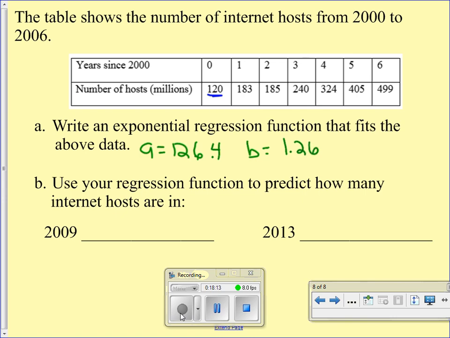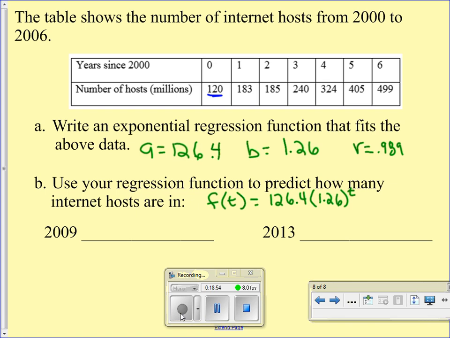So I know this is a growth because it's greater than 1, which makes sense because the number of hosts is going up every year, and a correlation coefficient of 0.98, which if you think back to linear regression, that means this is very close. It's almost 99% accurate. So my equation, or my function f of t, function as a relation of time, is going to be 126.4 times 1.26 raised to the t power.